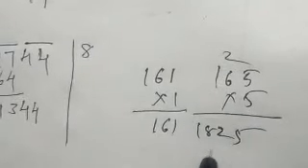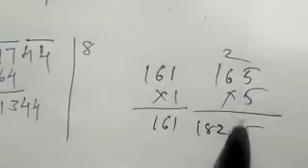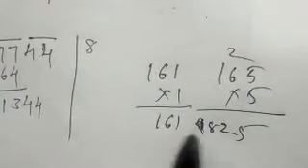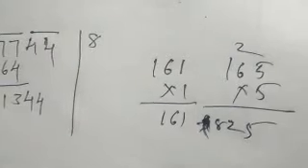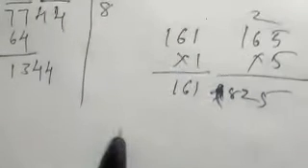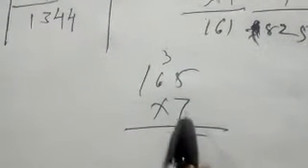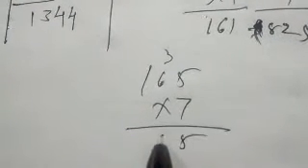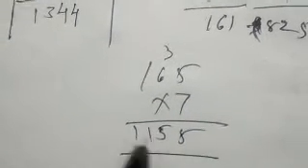So still there is a huge difference. So we are going to go for 165 into 7, and still there is a difference.